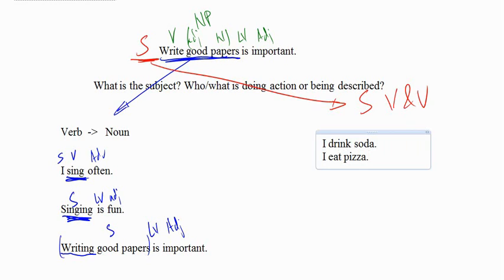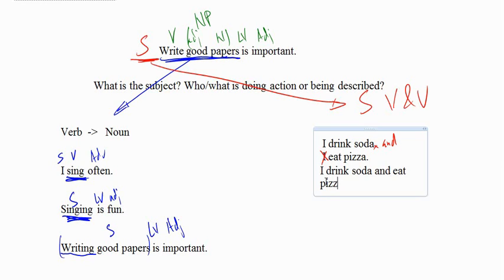So I'll introduce them to two sentences, and I'll explain that if the subjects are the same, what you can do is something like this. And this should look familiar to them. And so the end result of doing this is you end up with a sentence like this: Drink soda and eat pizza.